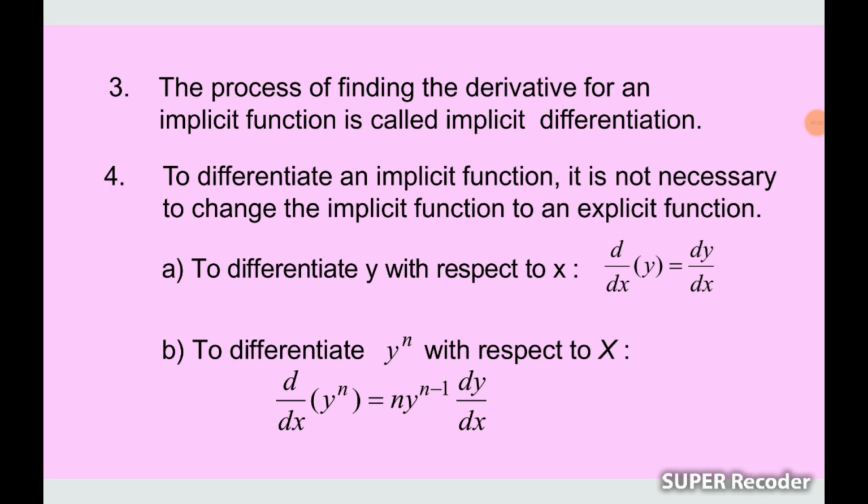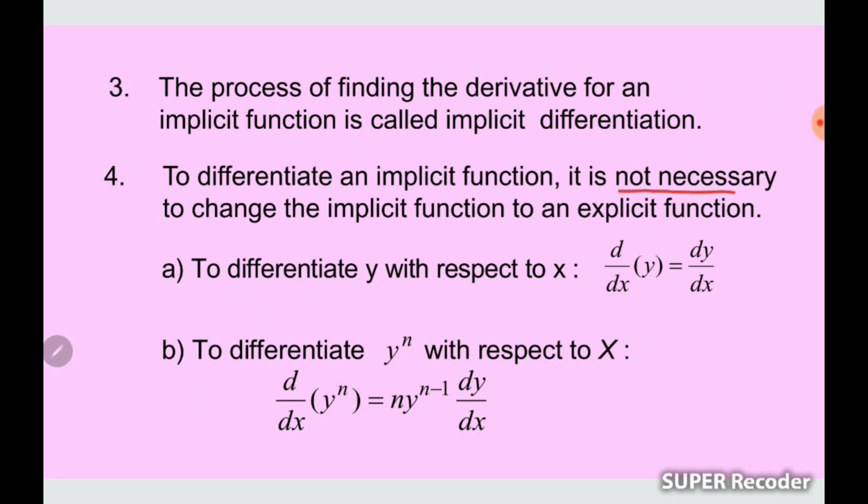Number 3, the process of finding the derivative of an implicit function is called implicit differentiation. Number 4, to differentiate an implicit function, it is not necessary to change the implicit function to an explicit function.